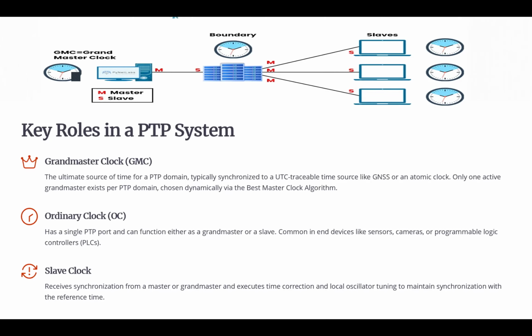They are followers, they listen to the leader and keep correcting their internal clock. Those slaves should continuously measure the time difference and correct both the clock and the frequency, following the grandmaster. These are the three foundational roles that we have in a PTP system.